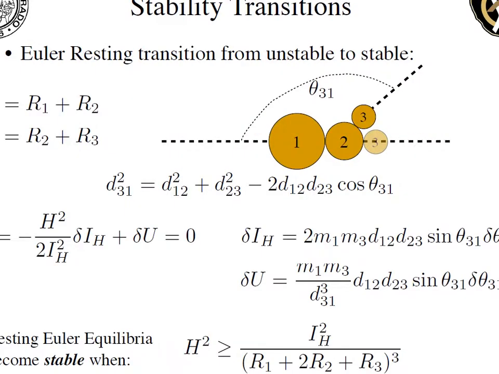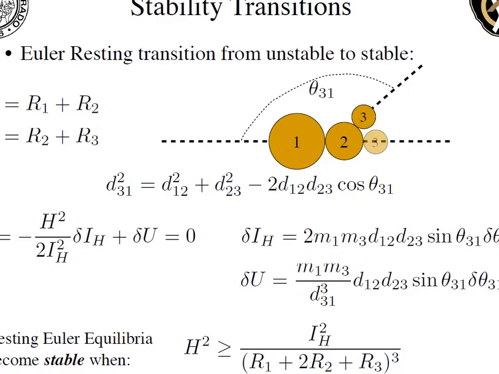You can go through and precisely calculate the conditions. Here, this is looking at the Euler resting transition from stable to unstable. Under this topology, there's only one degree of freedom that we need to worry about, and in fact it becomes very simple to work with the amended potential and come up with an explicit result for the level of angular momentum needed to stabilize this resting configuration.